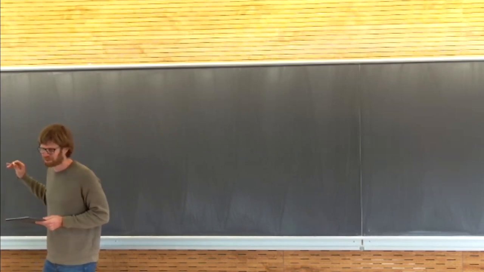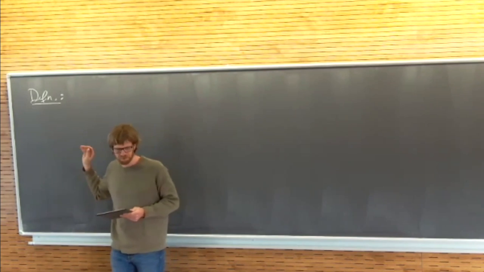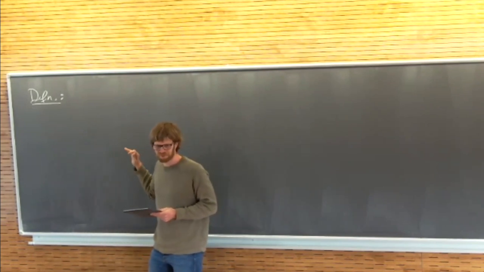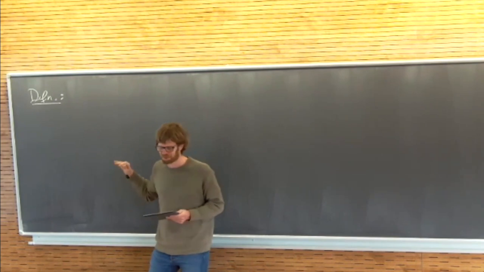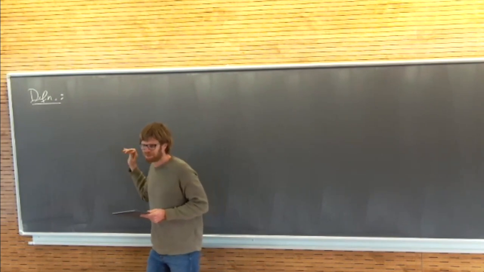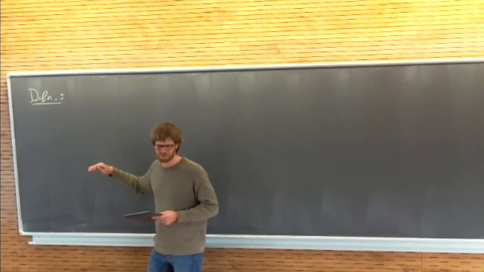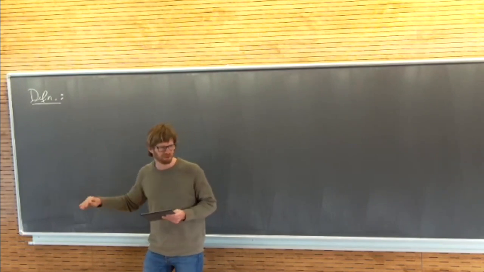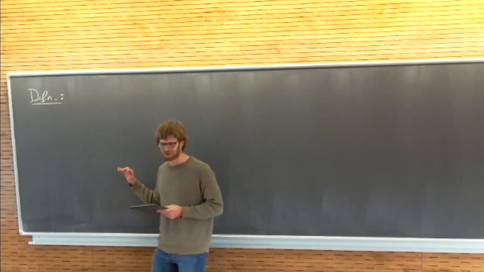So let me just write down the definition again. From now on, everything that I'm doing is taking place in a Markov category C. And then we can also talk about what these things mean in our examples, maybe with particular emphasis on the commutative C-star case.